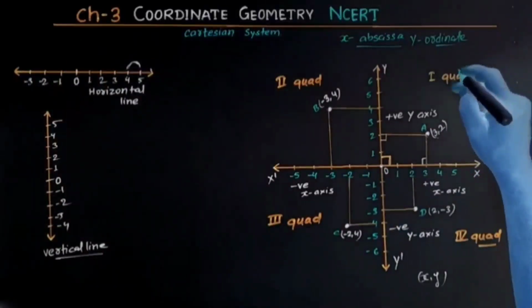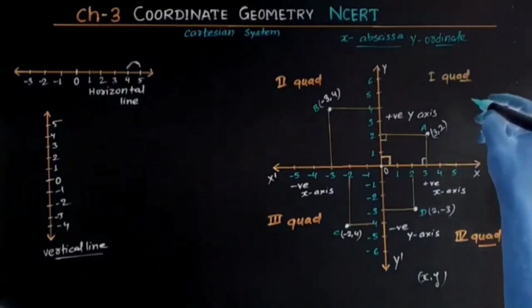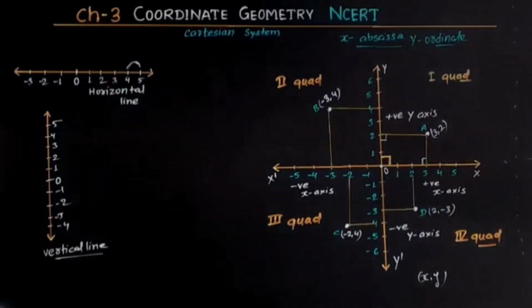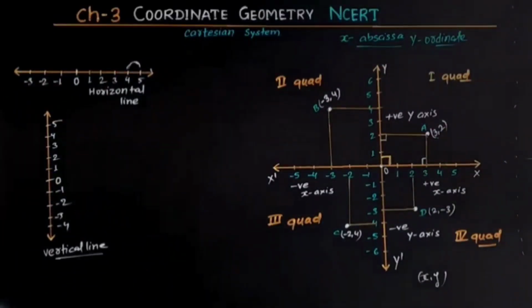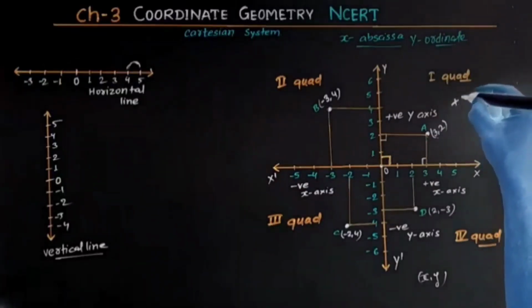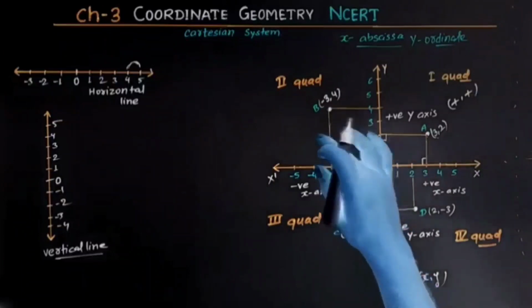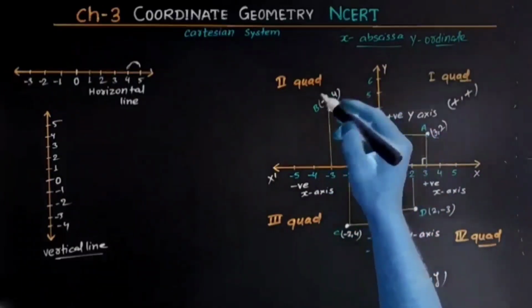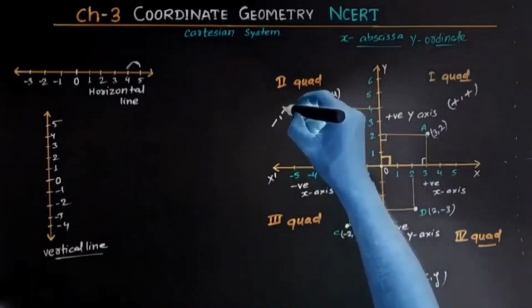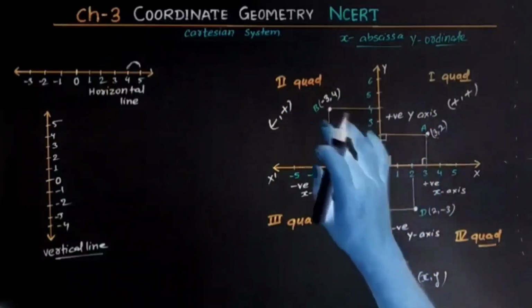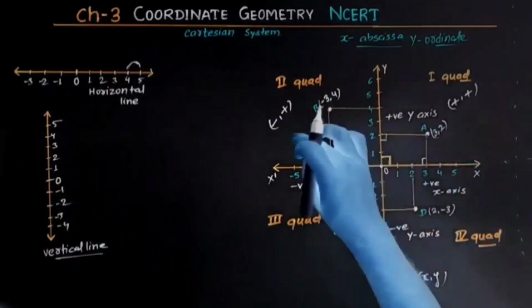So you have to recall these names. The x coordinate is known as abscissa and the y coordinate is known as ordinate. So in the first quadrant, both coordinates are positive. In the second quadrant, x is negative while y is positive.